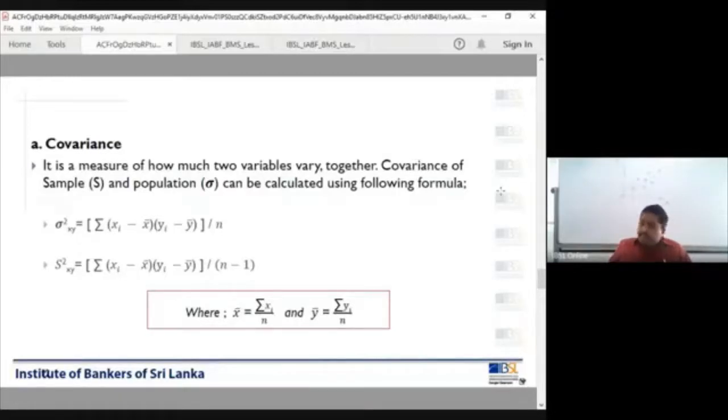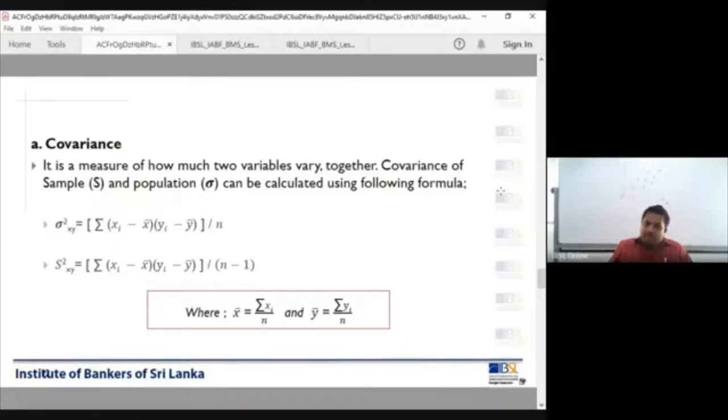Under variance and standard deviation, what we learned so far was how deviated your individual given points of the data set are from its mean or its central tendency point. So for this covariance discussion also, you may see the similar concept being applied. However, the only difference is now we have two variables.